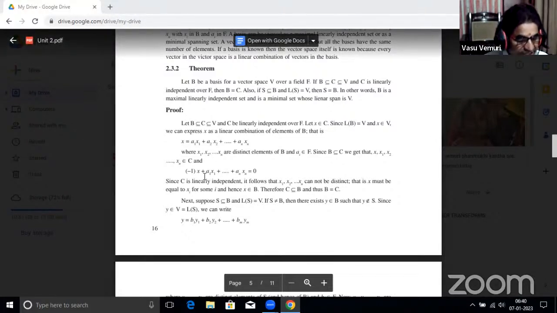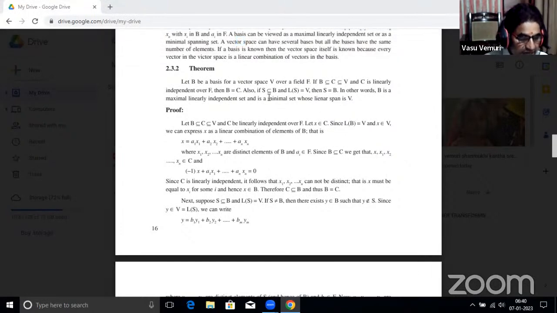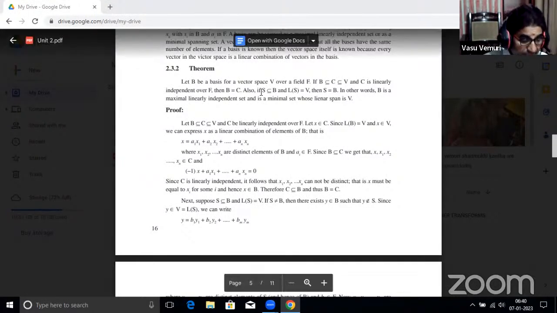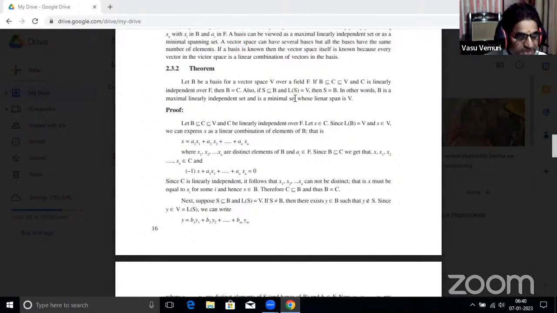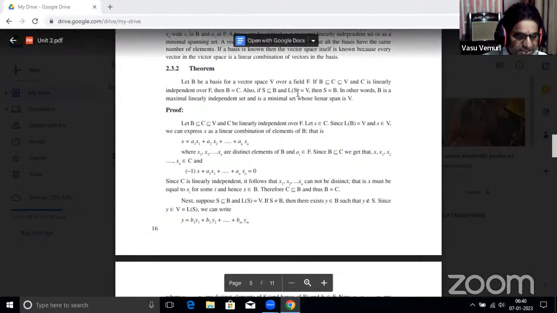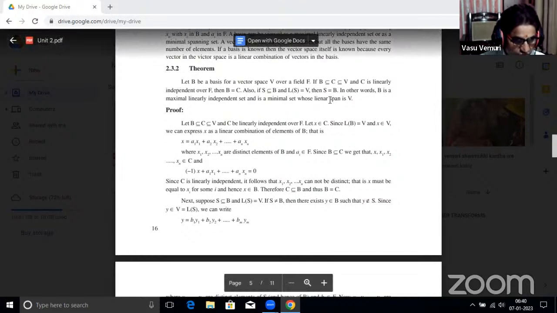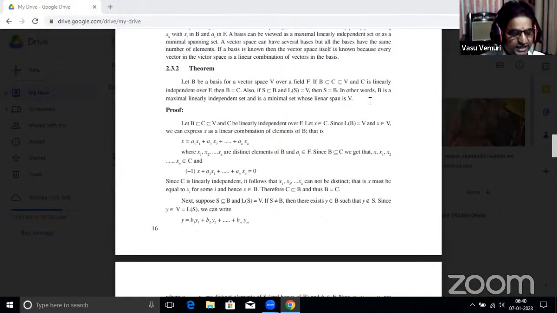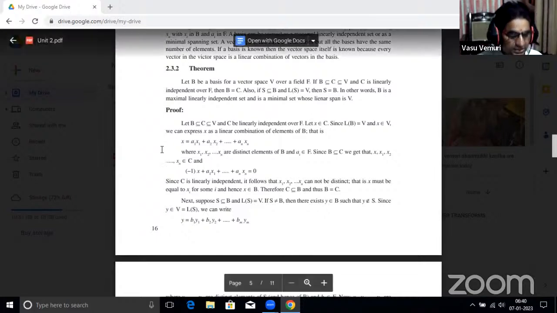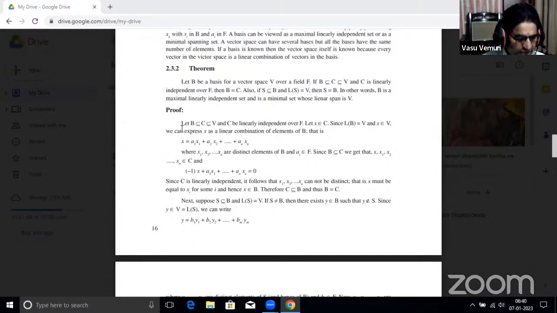Now the condition is B equals C, and another basis set is also represented as S ⊆ B. Now that subset is also a basis of the space when the linear span of S equals V, then automatically S equals B. Either this question is given one way, or another way is to prove that B is a maximal linearly independent and minimal set whose linear span is V. That is the question given, that is one of the scopes here.